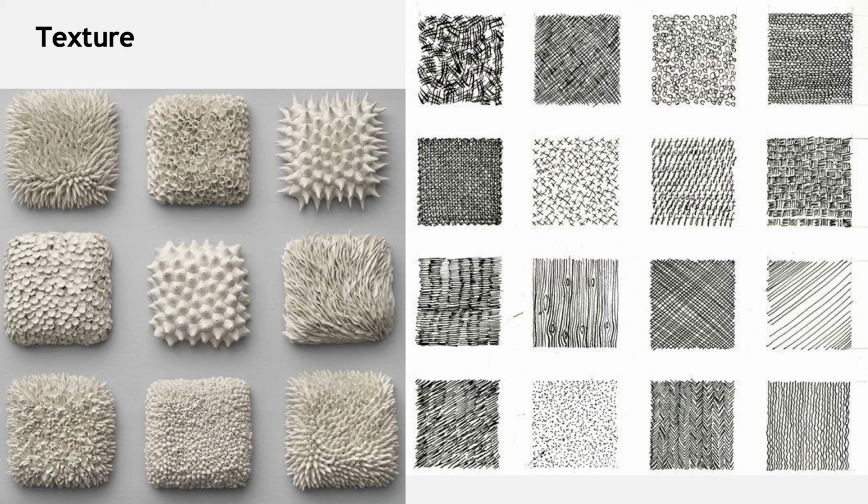The next is texture, and this can be done with both 3D and 2D art forms. And I wanted to focus on 2D for this slide. So if you look at the picture on the right-hand side, this is an example of the different kinds of textures you could create using a pen. And some of the textures range from using small circles, which would be a shape, to X's, and this is called cross-hatching.